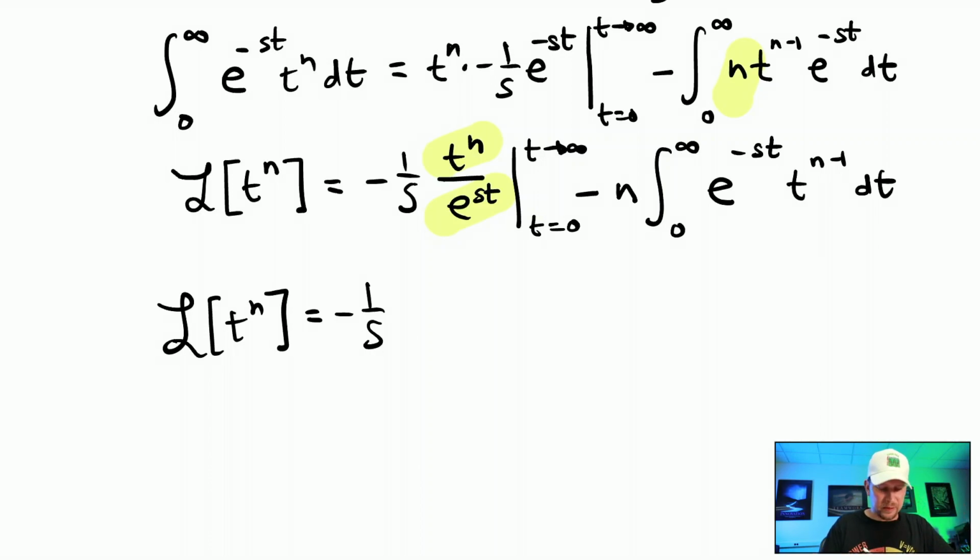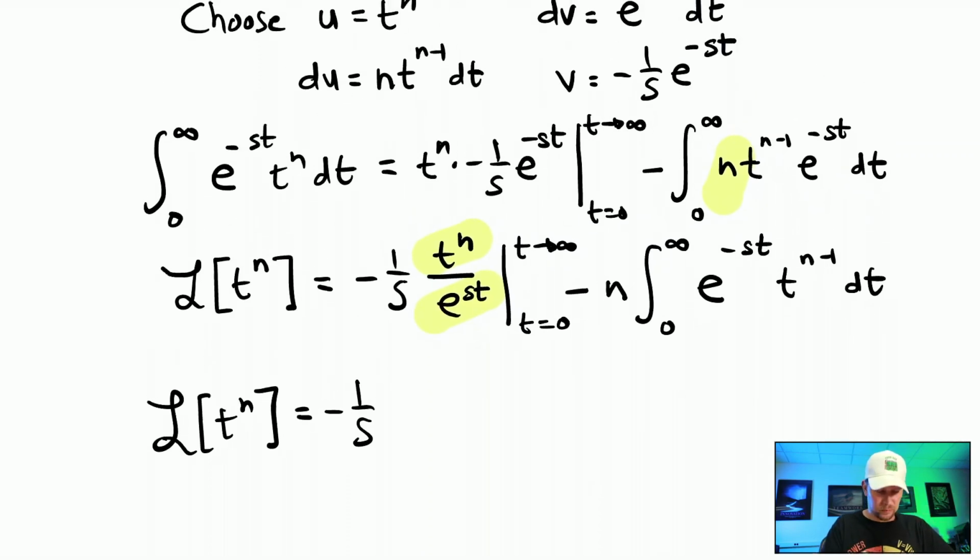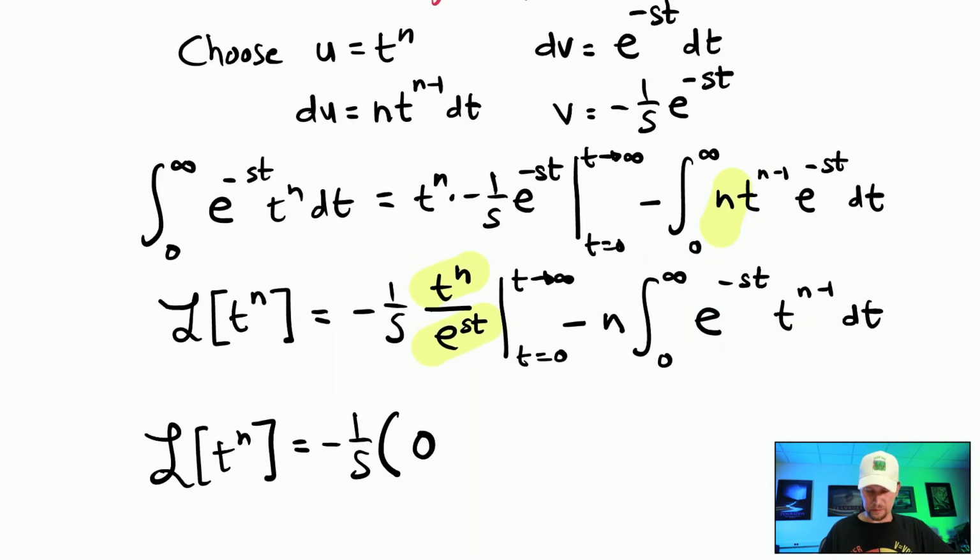So in the limit here, for the first part, as t approaches infinity, that very first portion is actually going to end up being 0. So here we have this part, as t approaches infinity, that has to end up being 0.